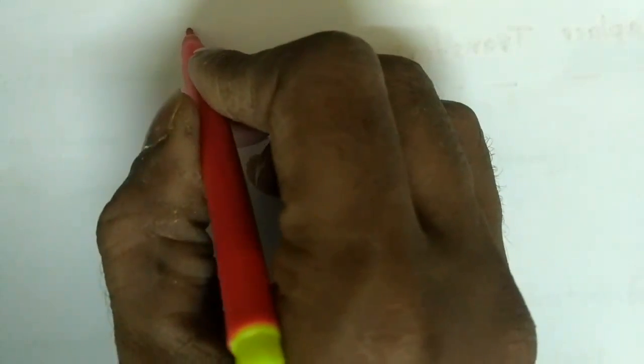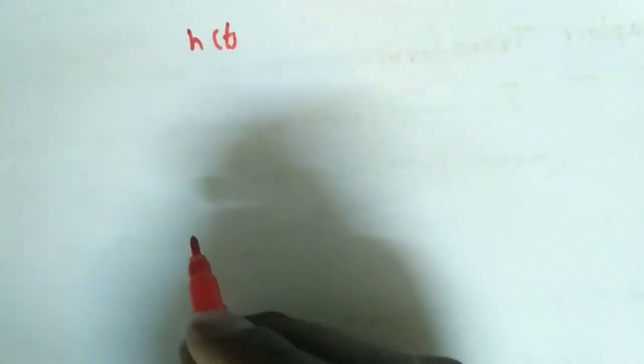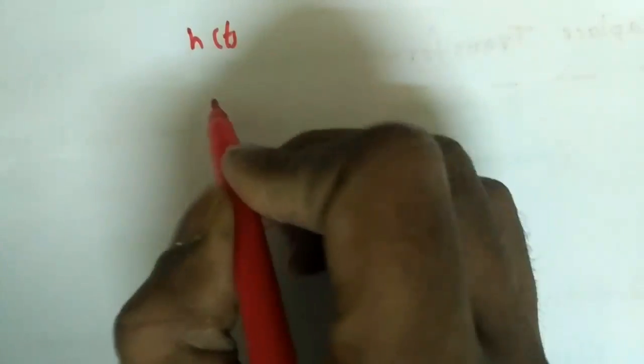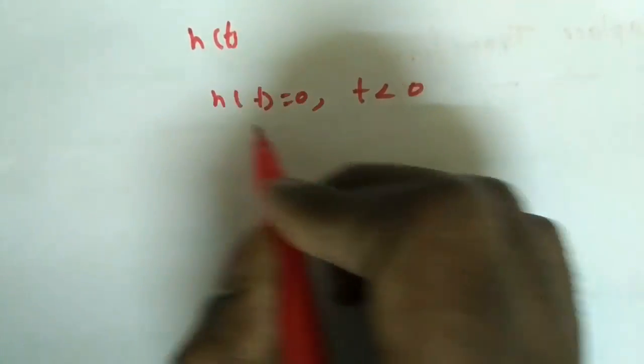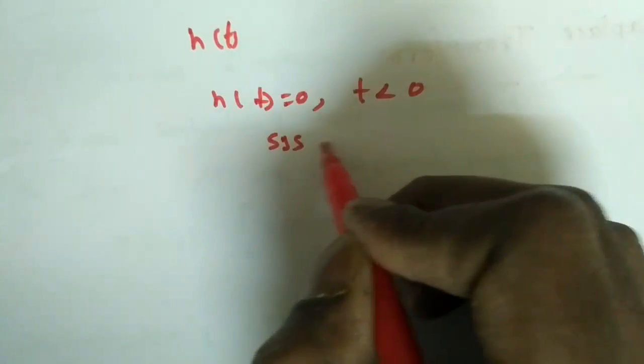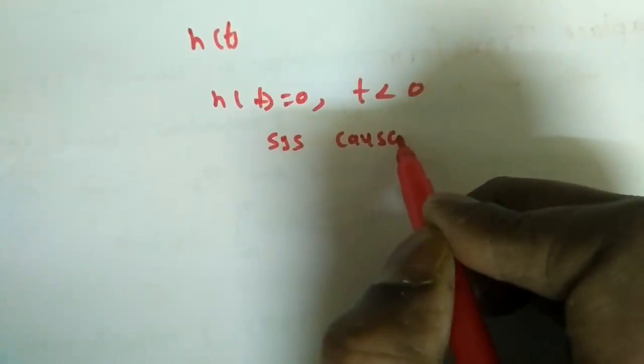If you recall, when we discussed the LTI system and convolution, I discussed that once we know the impulse response h of t, if h of t is equal to 0 for t less than 0, then the system is causal, that is, the linear time invariant system is causal.